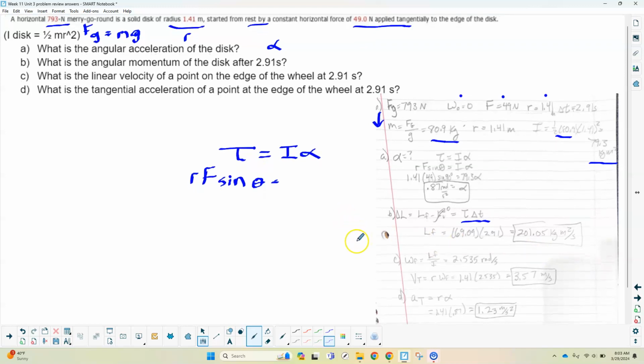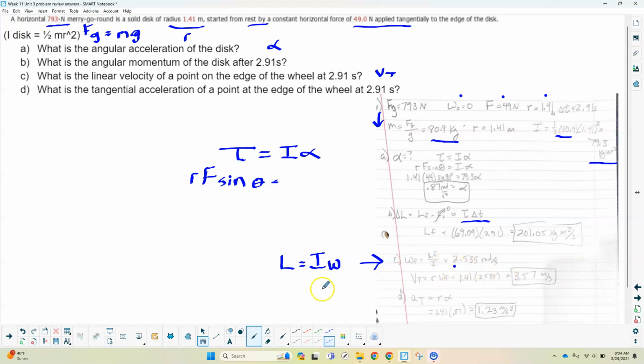Part C wants to know what's the linear velocity. So linear velocity is like VT, the tangential velocity, at a point on the edge of the wheel at that moment. So we know that the angular momentum is equal to the rotational inertia times this rotational speed, omega. So I use that equation here in part C. I solved for omega f, and I just took the value that I got in B divided by I, and that's going to be your angular speed.